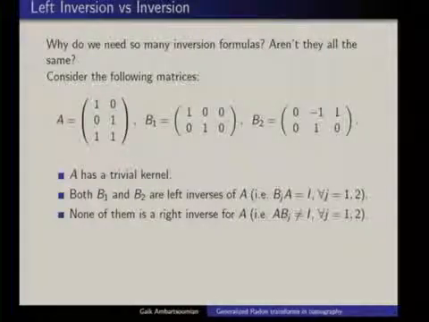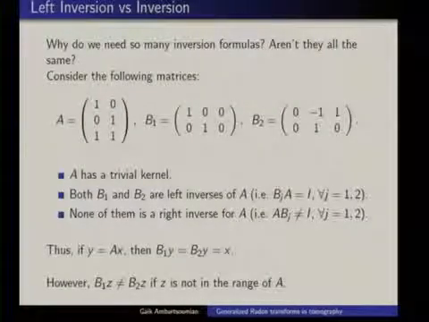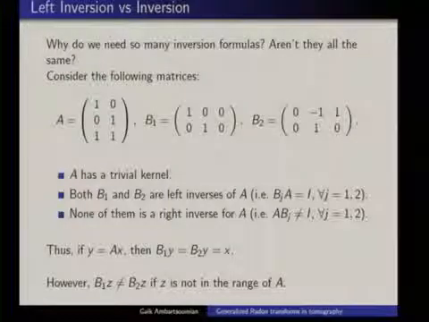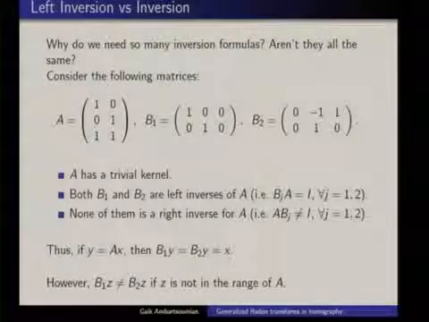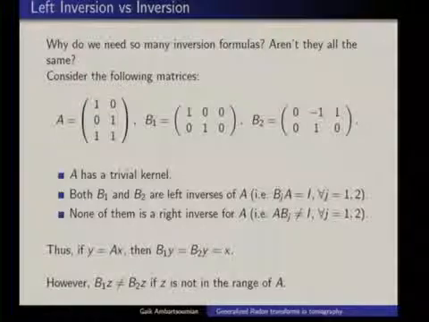And the problem with that is that, you see, if you take y equal to Ax, then if you multiply from the left, B1y and B2y are the same thing. However, B1z is not equal to B2z if z is not in the range. So if you're trying to do the inversion for something that is not in the range, you're in trouble, right?